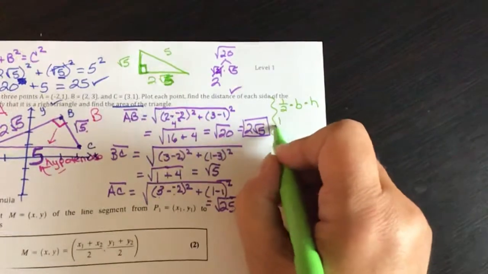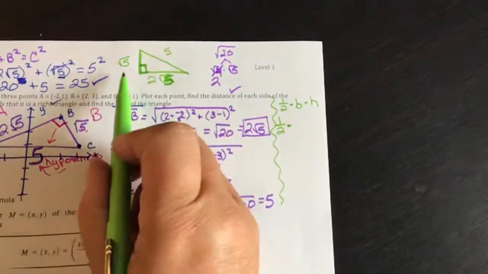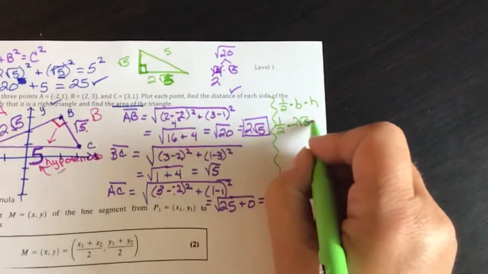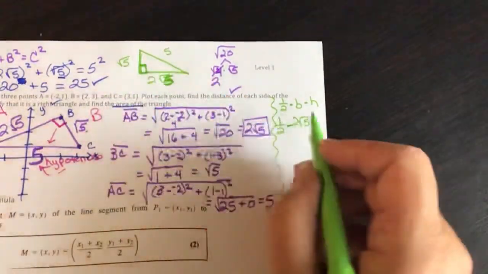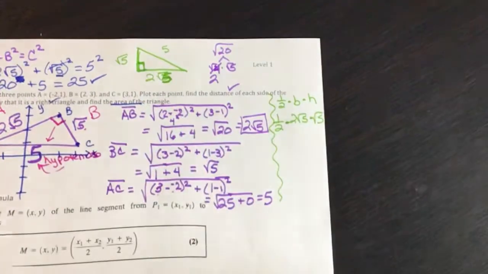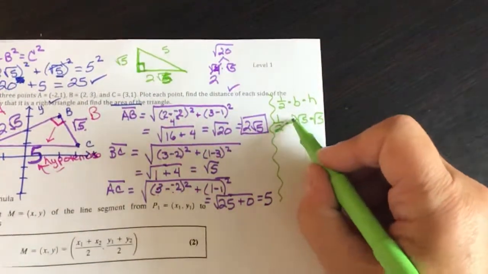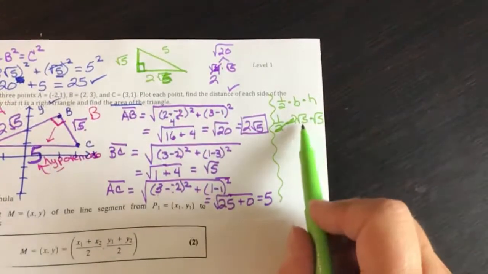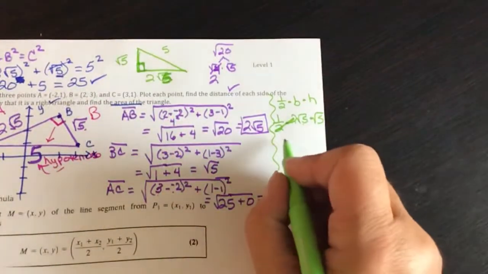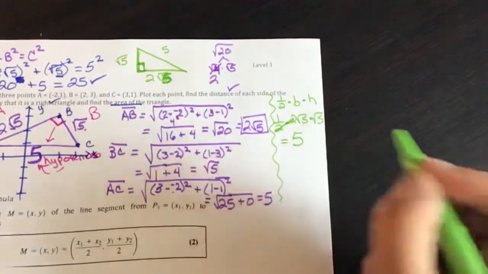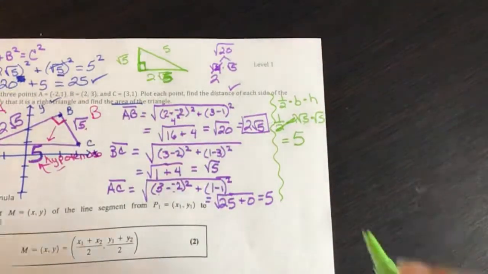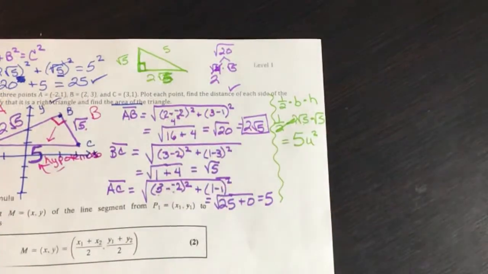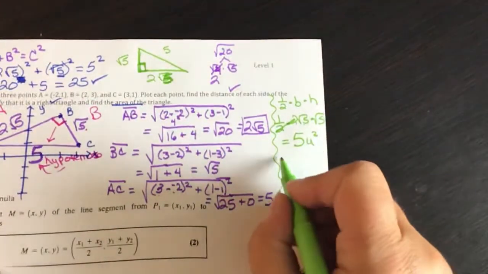So I'm going to have 1/2 times the base, which is 2 square root of 5, times the height, which is the square root of 5. Okay, so 1/2 of 2 is 1. So I have the square root of 5 times the square root of 5, which is the square root of 25, which is 5. So this would be 5 square units, and that would be the area.